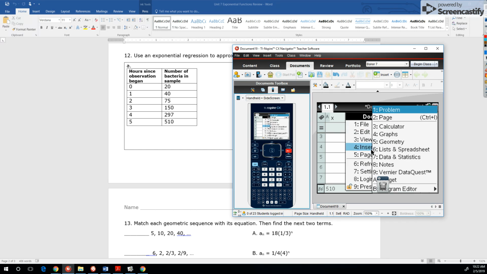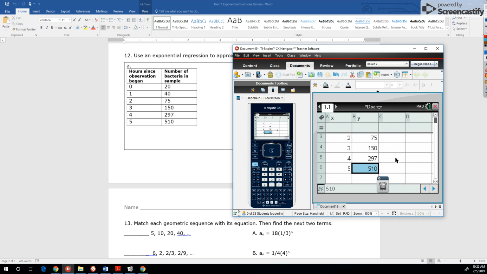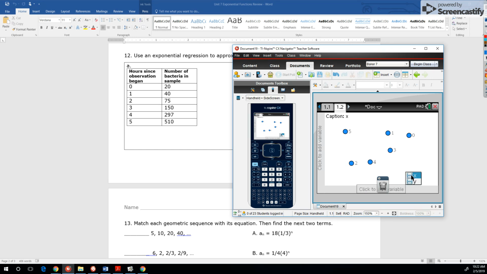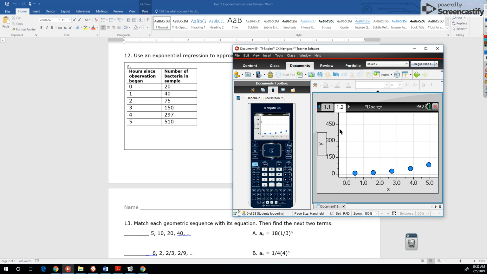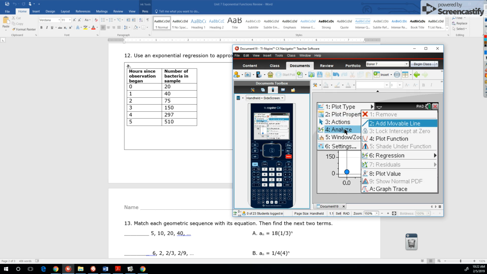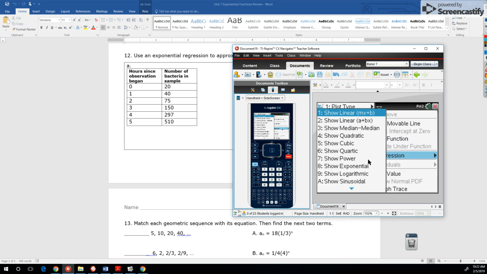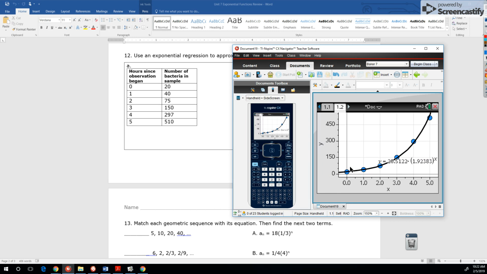Okay, I'm going to go to Document, Insert, and Data and Statistics. Clicking for X on the bottom, along the x-axis, y on the side, along the y-axis, and I see a nice exponential growth, growing from left to right. To get my equation, I go to Menu, Analyze, Regression, and I'm going to pick Show Exponential.